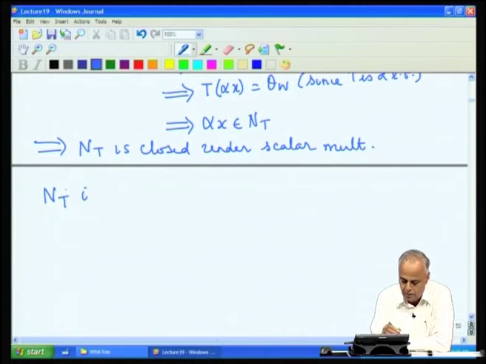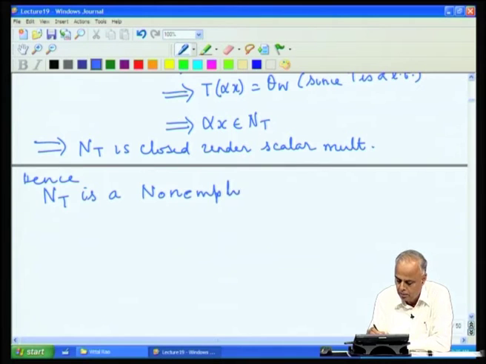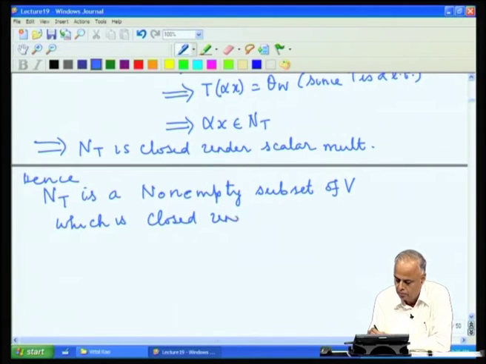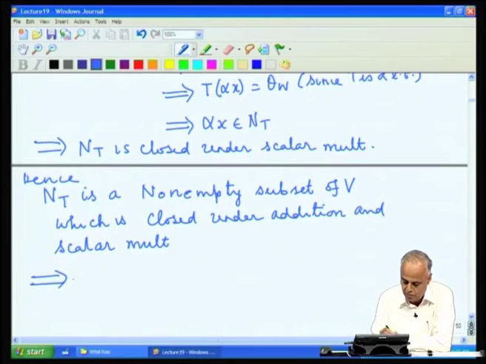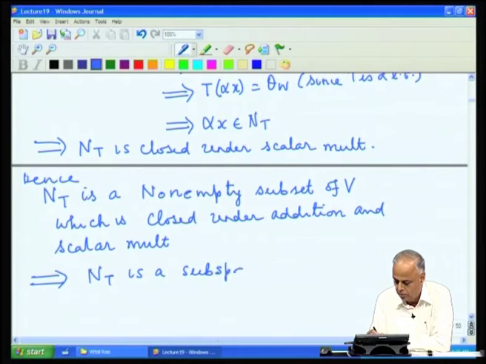Hence NT is first of all a non-empty subset of V, which is closed under addition and scalar multiplication, and that makes it a subspace. So, NT is a subspace of V.